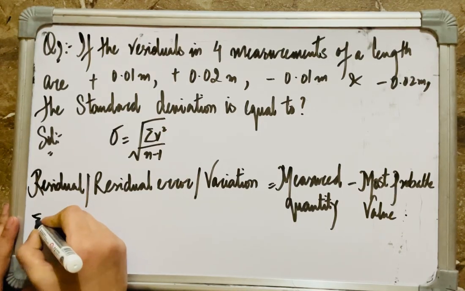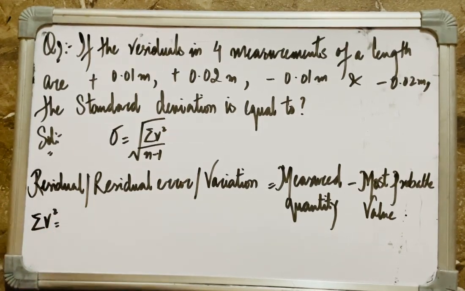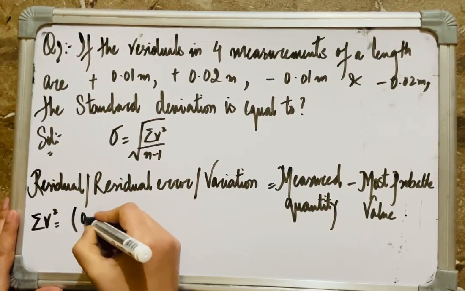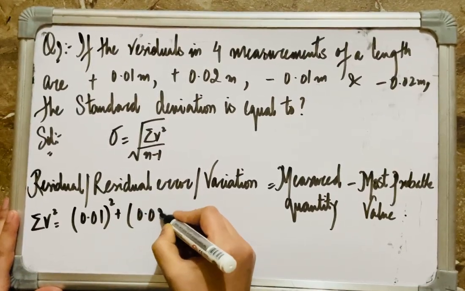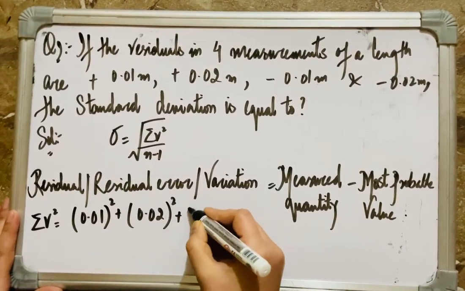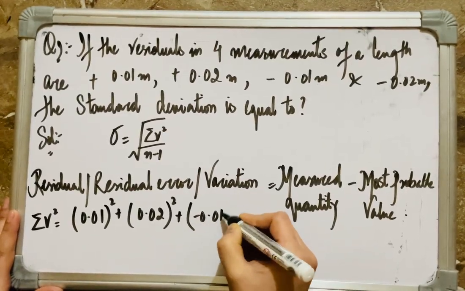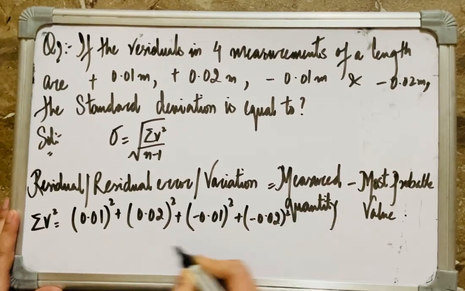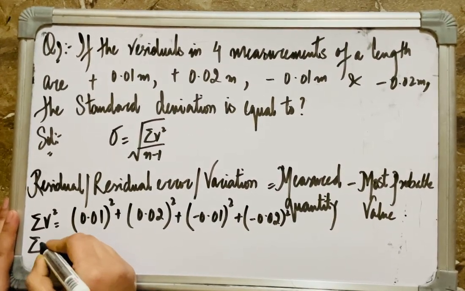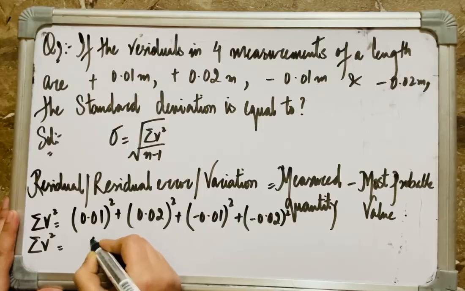Now let me find summation of v square first. I'll square them and subsequently sum them. By calculations, my summation of v square is equal to 0.001.